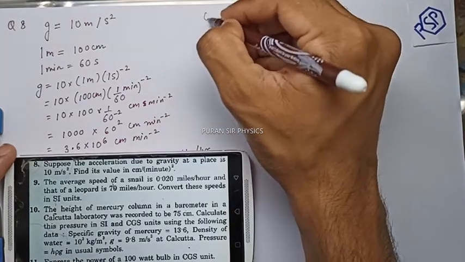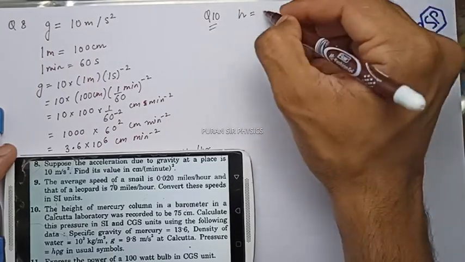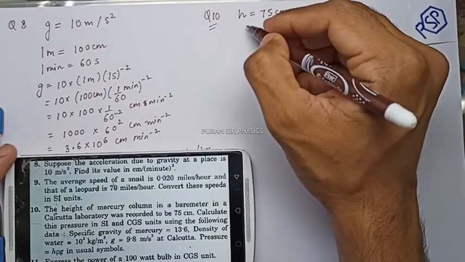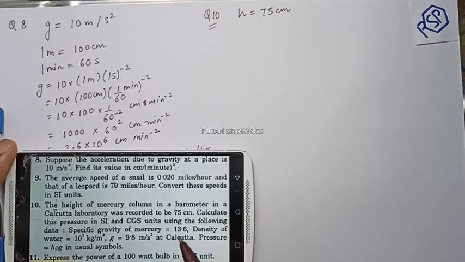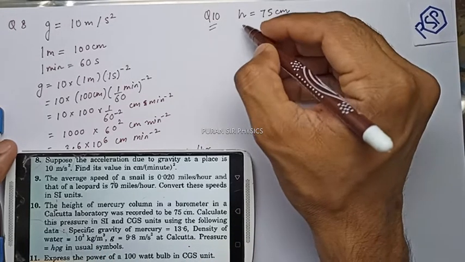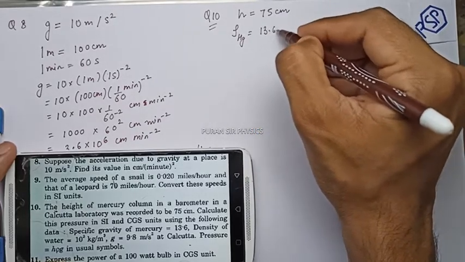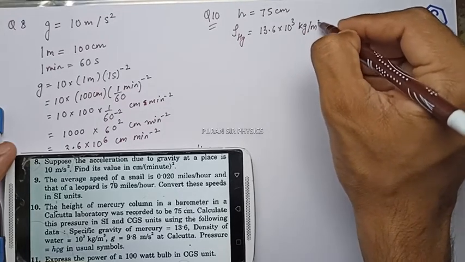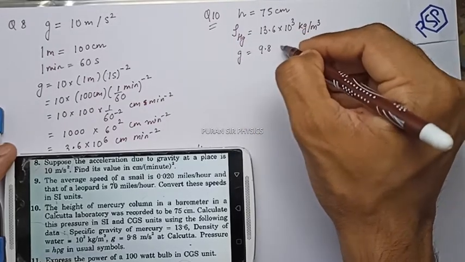So in question number 10, h is given as 75 centimeter and the specific gravity of mercury is given as 13.6. If you want to find the density of mercury, you have to multiply the specific gravity with the density of water. So density of mercury will be specific gravity into density of water. And g is given as 9.8 meter per second square.